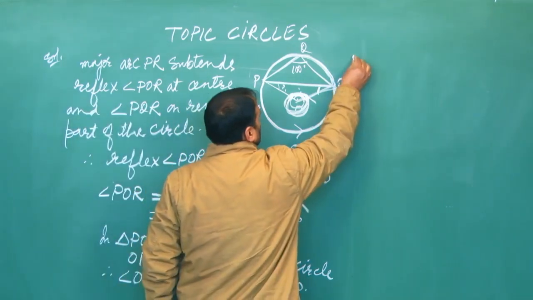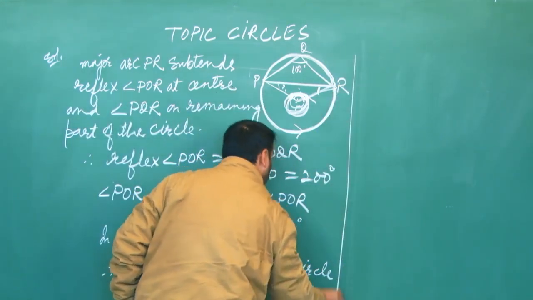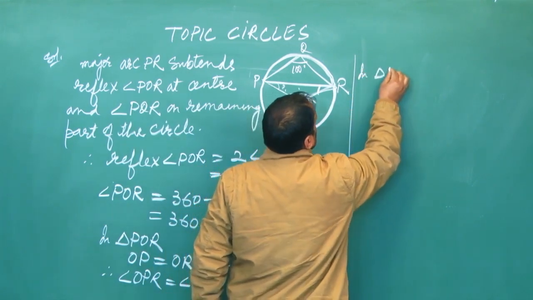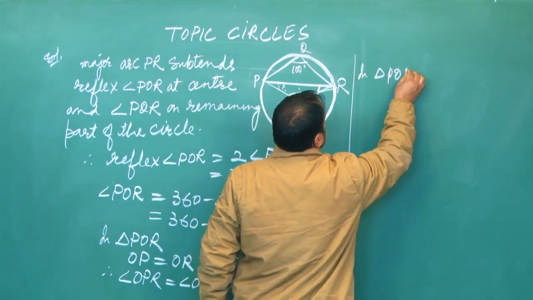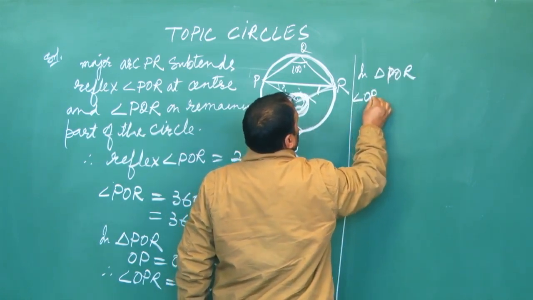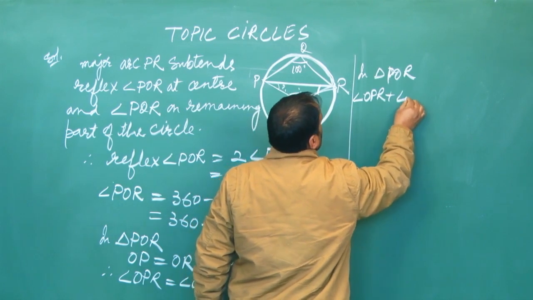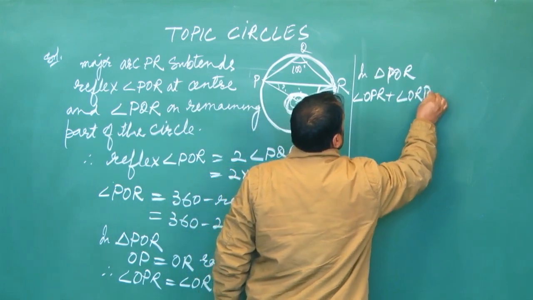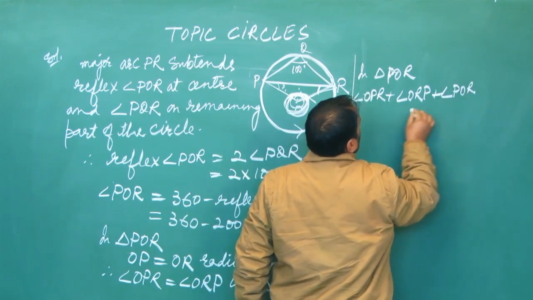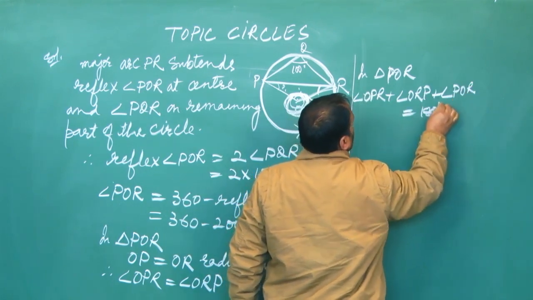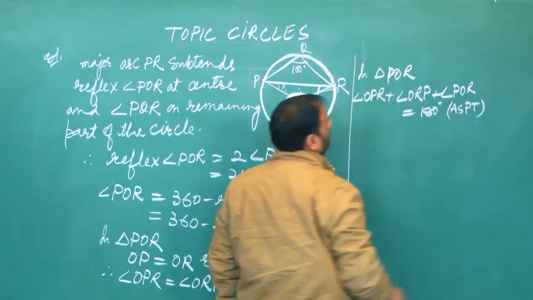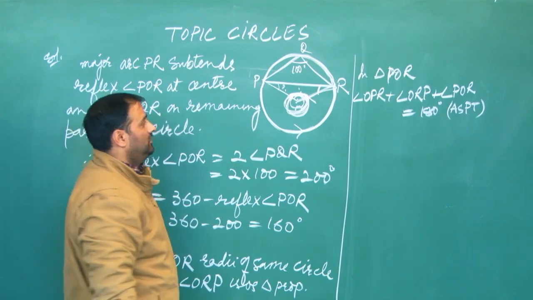Now, take triangle POR. Angle OPR plus angle ORP plus angle POR is equal to 180 degrees. This is the angle sum property of a triangle, which means the sum of the three angles of a triangle is equal to 180.